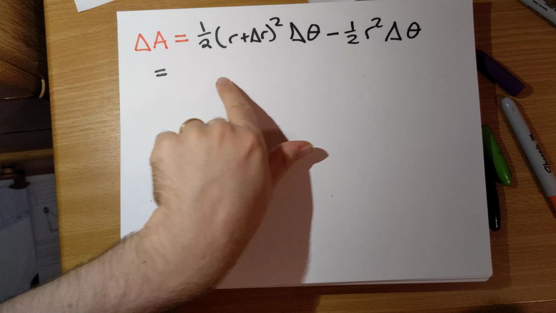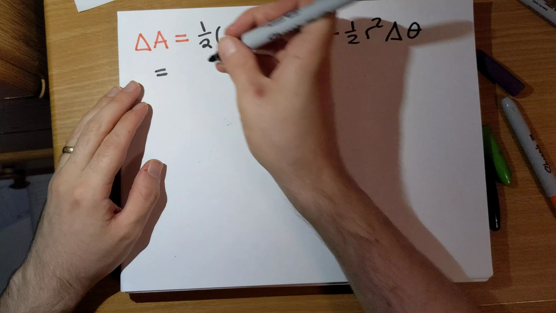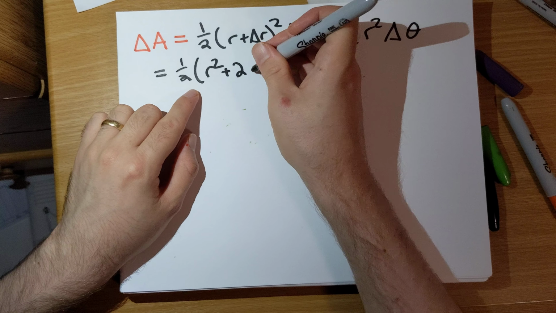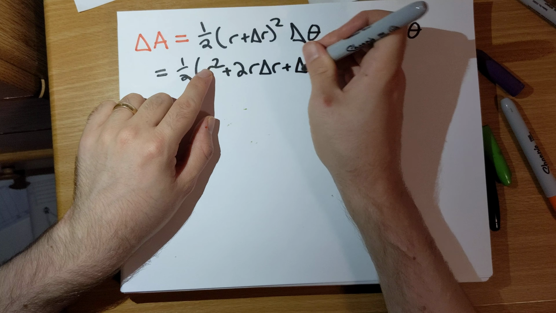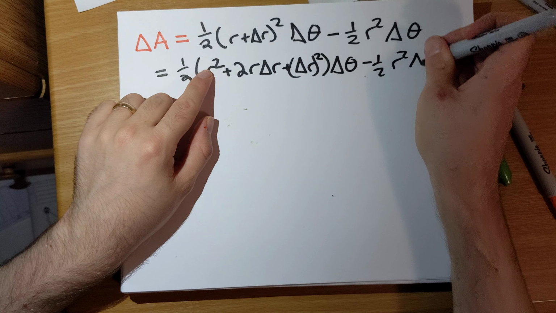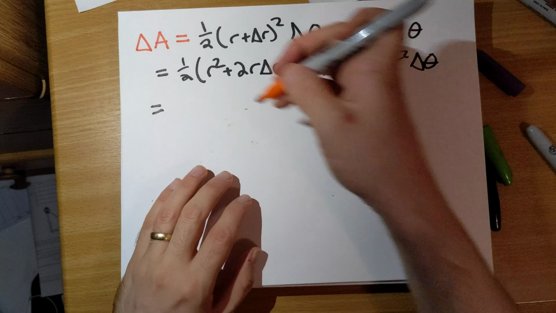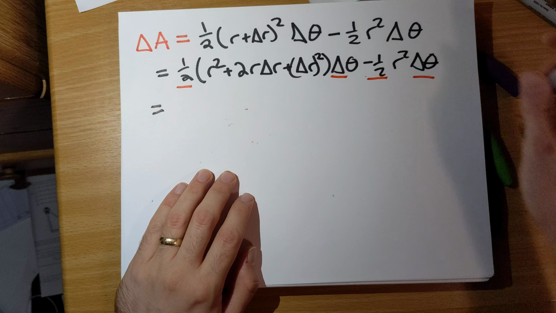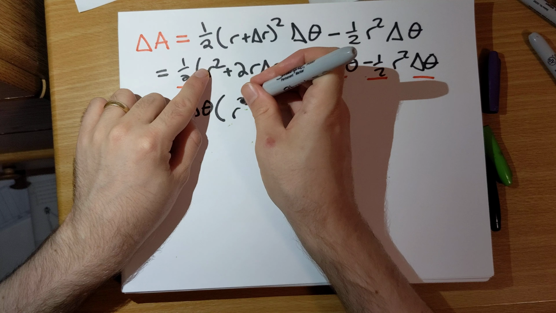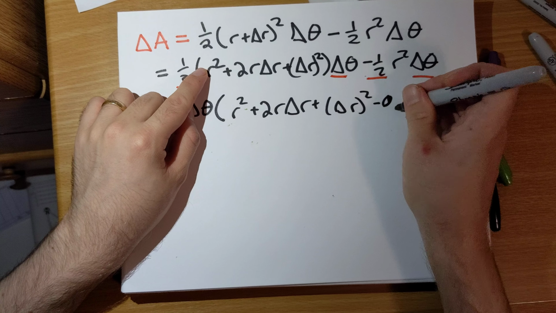Okay, so let's crunch this out. We want to expand out this product here: 1/2 times (r squared plus 2r delta r plus delta r squared) times delta theta, minus 1/2 r squared delta theta. Both of these terms have 1/2 delta theta in them, so let's factor that out: 1/2 delta theta times (r squared plus 2r delta r plus delta r squared minus r squared).